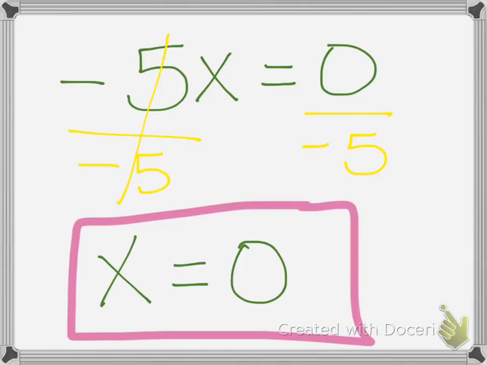Negative 5 divided by negative 5 is 1, so we now have 1x, or just x, on the left, and 0 divided by negative 5, or 0 divided by any number, is 0. So to finish our equation, we have x equals 0.